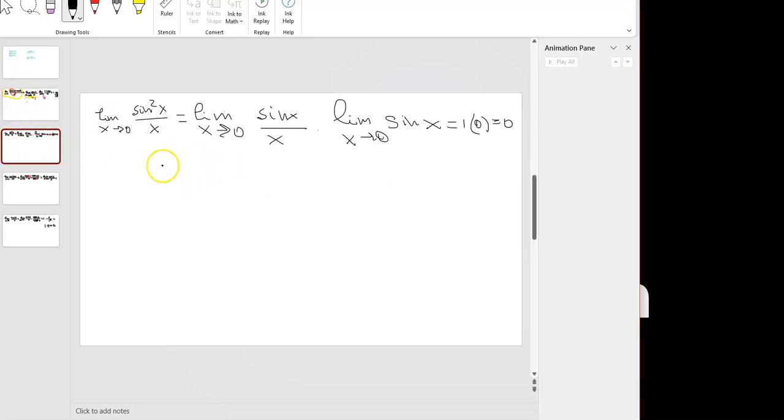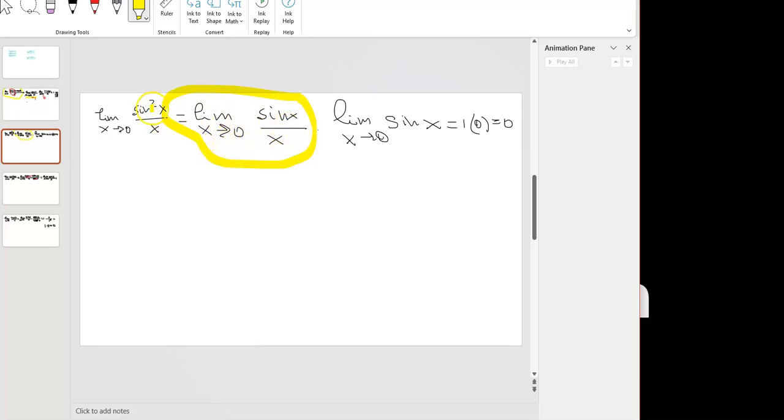Next example. Limit as x approaches 0 of sine squared x over x. The same idea. We plug in 0 in place of x, and we get sine squared 0, which is 0 over 0. 0 over 0 is an indeterminate form, so we cannot say that it's a number. We don't know what it is. We need to continue in a different direction, and the direction will be to look at sine squared x as sine x times sine x, and then break it again into two limits. Limit as x approaches 0 of sine x over x.